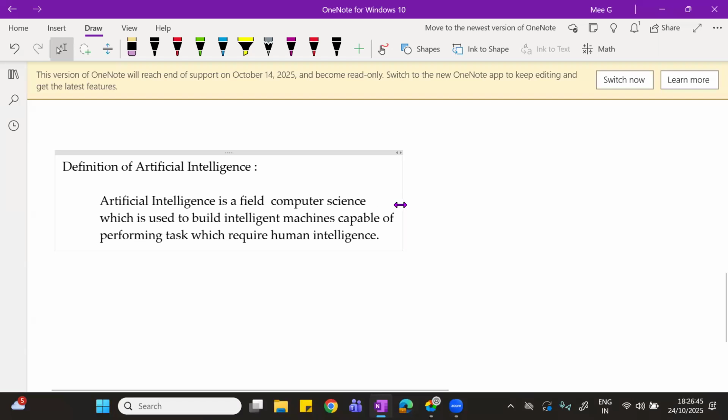So you are creating or giving intelligence to the machines artificially by passing the data, and these machines will try to perform as humans. Why humans? Humans are the most intelligent living organisms on this earth. So that's why we kept human intelligence as a standard, and we are trying to make our machines capable of performing human intelligence.